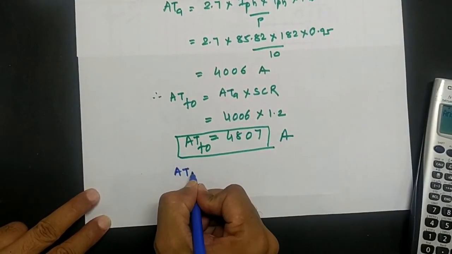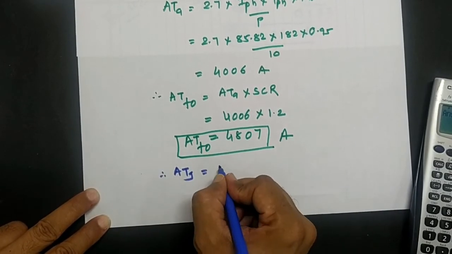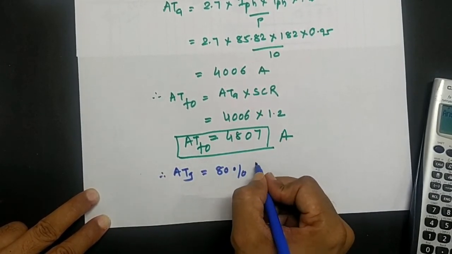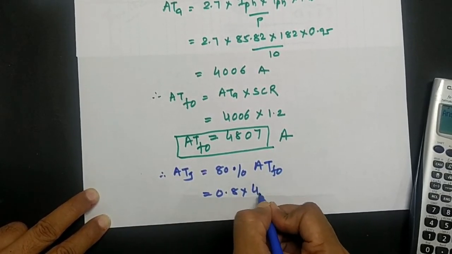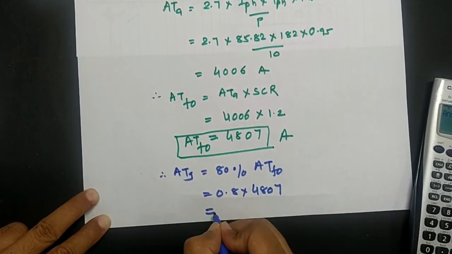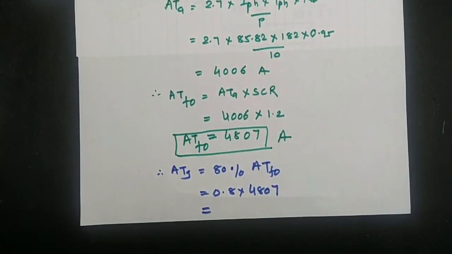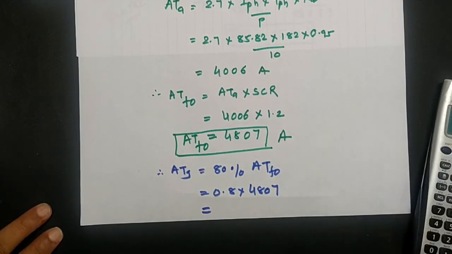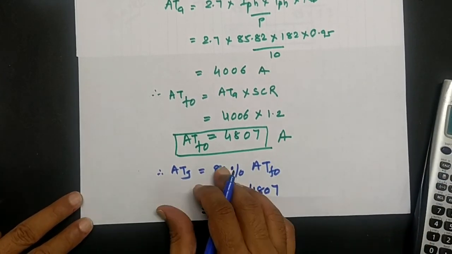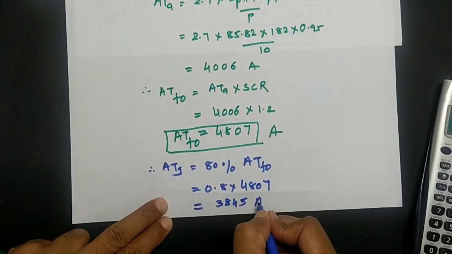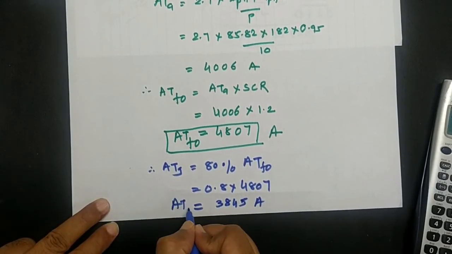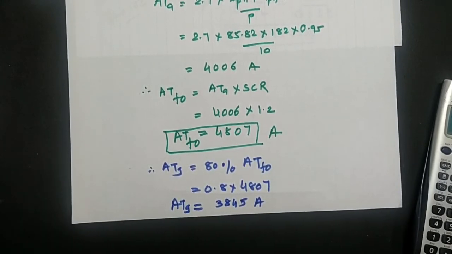Now we know the condition given: ATG is 80% of ATF, that is 0.8 multiplied by 4807, which comes to 3845. So the ampere turns for the gap is available.